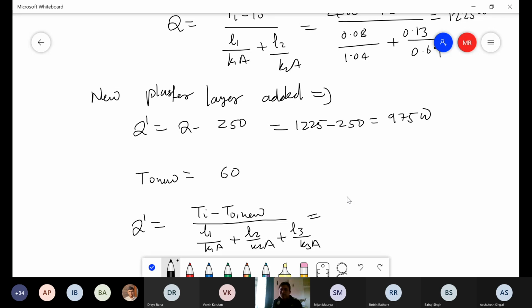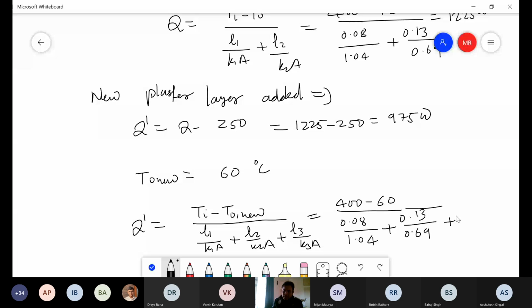Ti is again the same, 400 minus T naught new, which is 60 degrees Celsius, divided by L1, the same 0.08 divided by 1.04. The second layer thickness is again 13 centimeters, so 0.13 divided by 0.69. Area is again assumed to be 1 meter square.